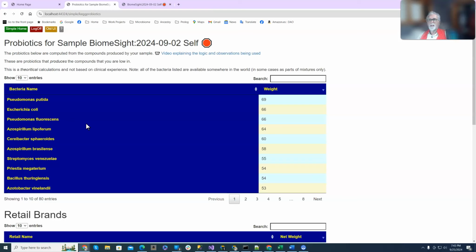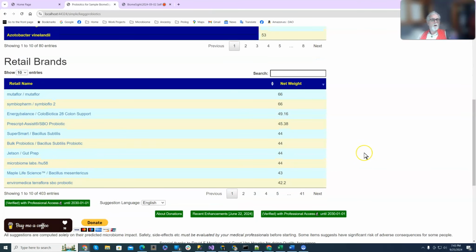However, finding it tends to be a problem, and sometimes they are part of a mixture, in which case you have something which is good and something which is bad, and you get decision making, which is why down below I have the results. So what we have here is Mutaflor, which is the E. coli probiotic, or Symbioflor 2, both of which are sitting there at 66.